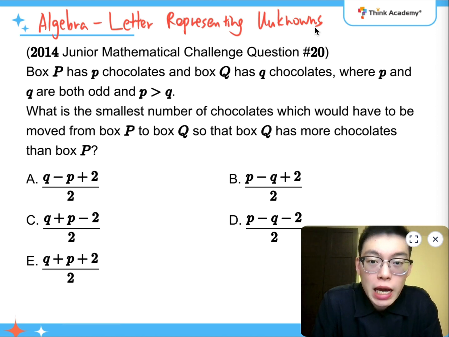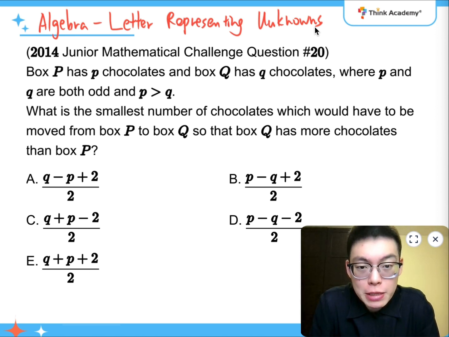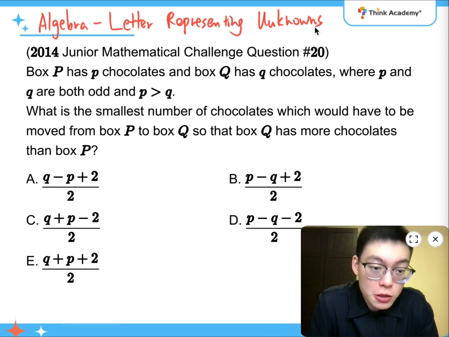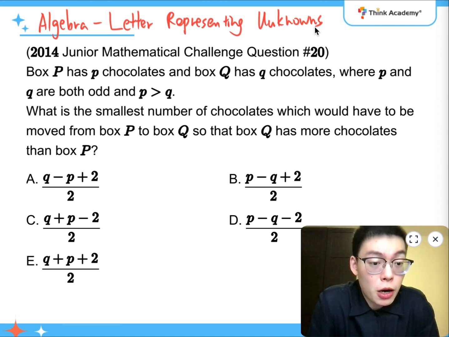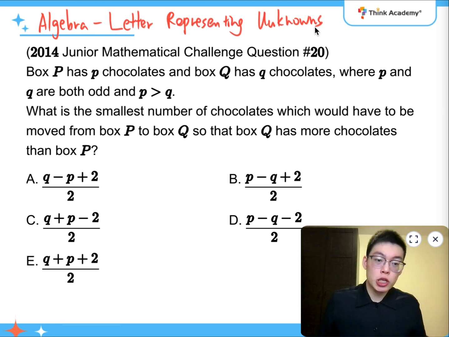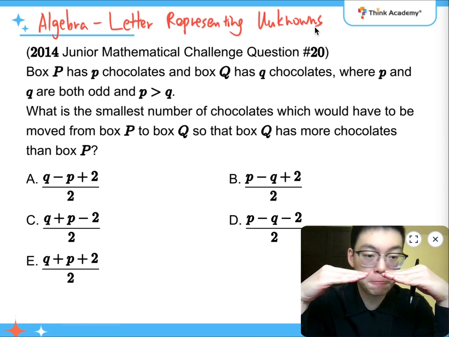All right, so if they are both odd, it means that the difference between them has to be an even number, right? Say, for example, 5 chocolates and 7 chocolates in 2 boxes. So how many chocolates do you need to move from the 7 box to the 5 box to make it has more chocolates? So first of all, you would like both boxes to have the same number of chocolates first, right?